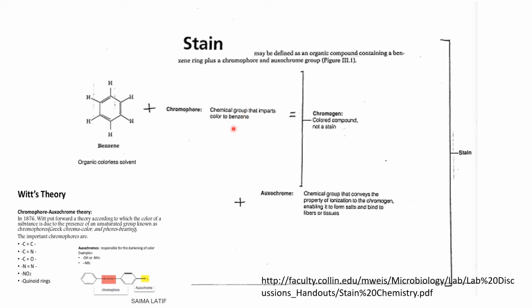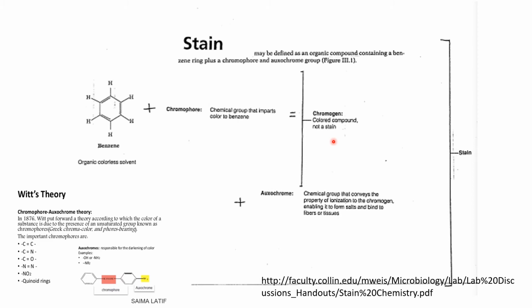So technically, chromophore plus the benzene structure equals chromogen. So chromogen is the colored compound, not a stain.